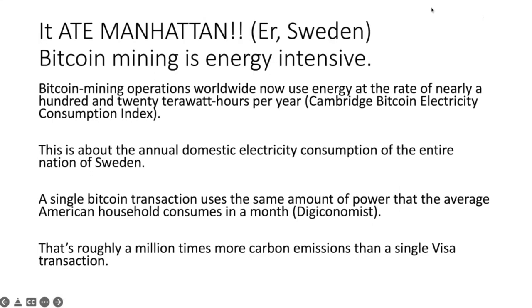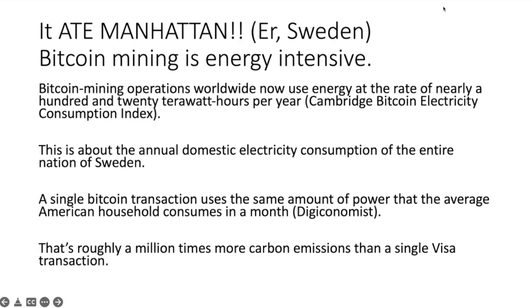So what does that mean? Well, the comparison is that this is about the annual domestic electricity consumption of the nation of Sweden. So Bitcoin transactions and mining alone are consuming the same amount of electricity as the entire country of Sweden.